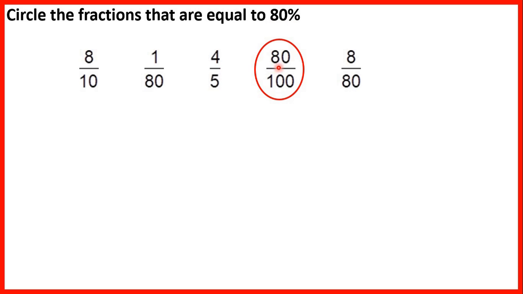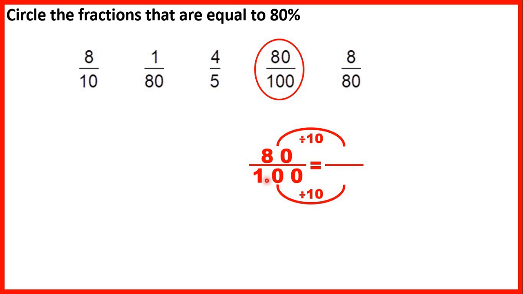Now what we can do is find equivalent fractions. So if we simplify 80 hundredths, we can divide both the numerator and the denominator by 10, and that gives us 8 over 10, or 8 tenths. So that's equal to 80% as well.